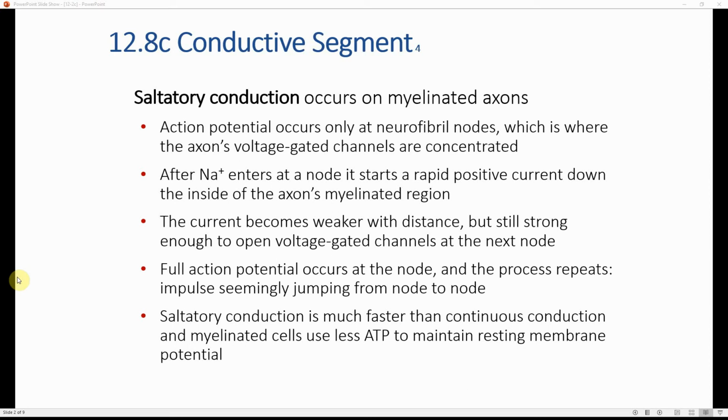The myelin basically insulates and helps protect and isolate that signal so that it's strong enough to bypass all of that area underneath the myelin. Then we get a full action potential occurring at the next node of Ranvier, and the process repeats. But we've already covered a massive amount of distance, a whole millimeter or so, and so saltatory conduction is around 20 times faster than continuous conduction.